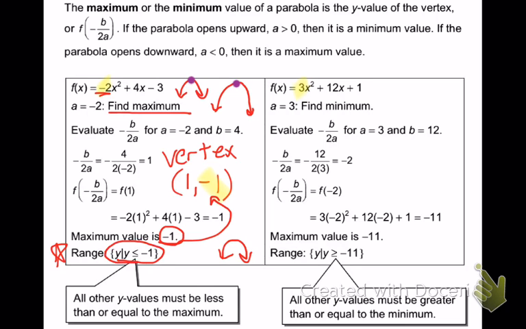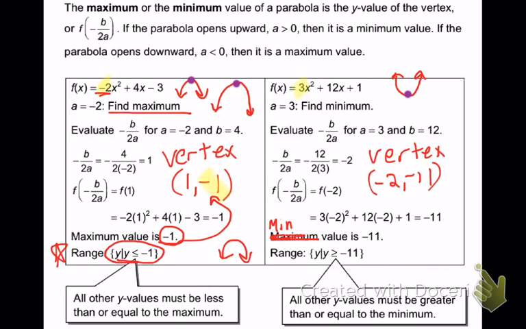On the flip side, if a is positive, that means I have a graph that goes up. And if the graph goes up, that means I have a minimum value. Same thing, I want to find the vertex. The vertex here on this one was negative 2, negative 11.